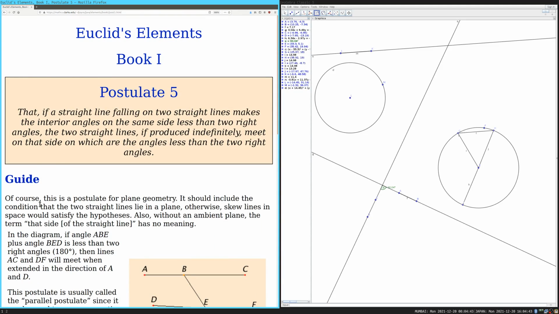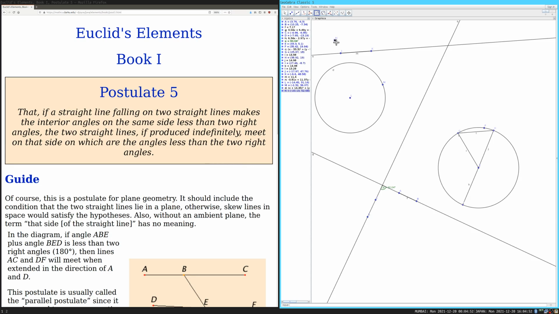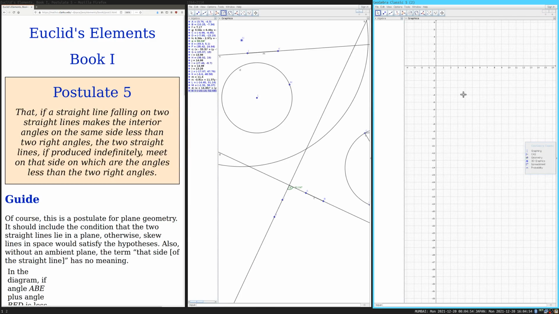Should include the condition that the two straight lines lie in a plane. Otherwise, skew lines.